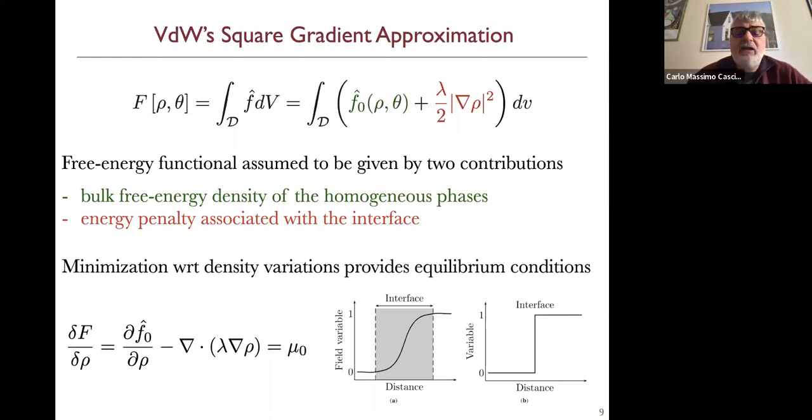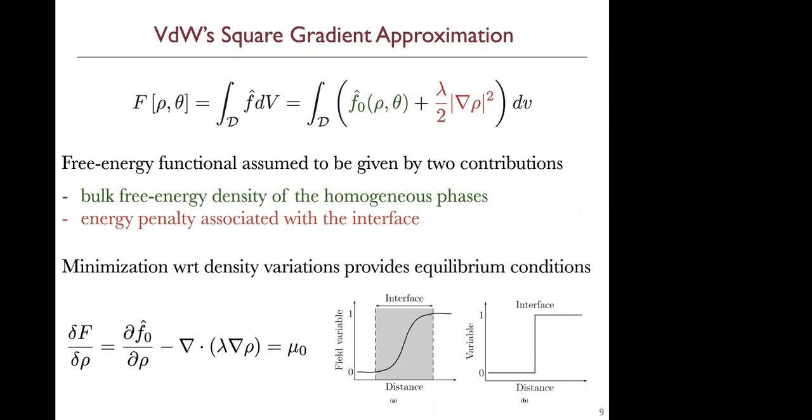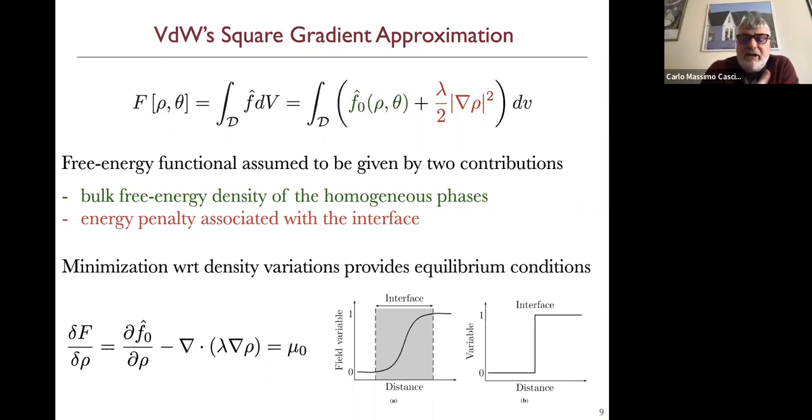Then if you apply suitable boundary conditions, say we assume that far to the left we have the vapor state at low density, and far to the right we have the high density liquid state, then the solution describes a transition layer between the low density vapor and the high density fluid, which describes the interface between the two phases. So this is a diffuse interface across which you have a sharp increase in the density. So you have sharp gradients, and then you have a significant contribution to the free energy of the system.